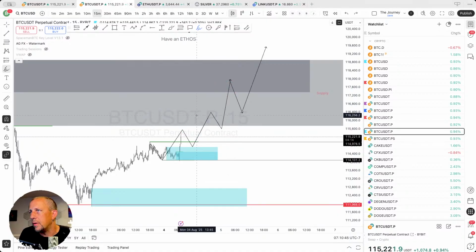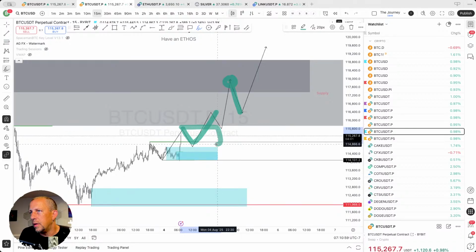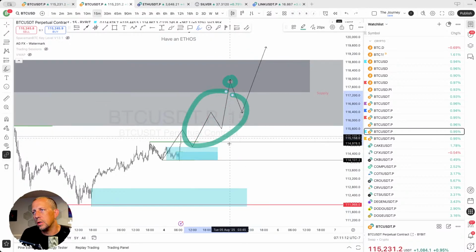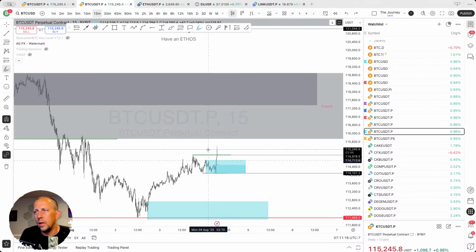Maybe I'm not doing a good job of explaining this. What am I trying to say here? I'm trying to say that this is currently the spot I want to long, but once price has done this, then this is the spot I want to long from. And once price has done this, then this is the spot that I want to long from. I'm trying to say that price action could develop that would make me no longer want to long that.